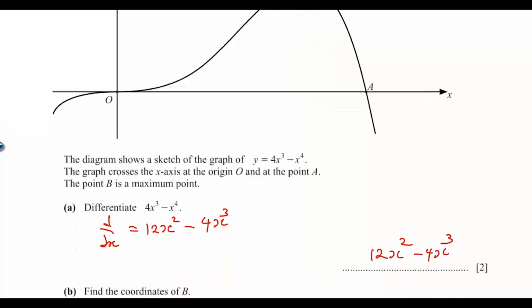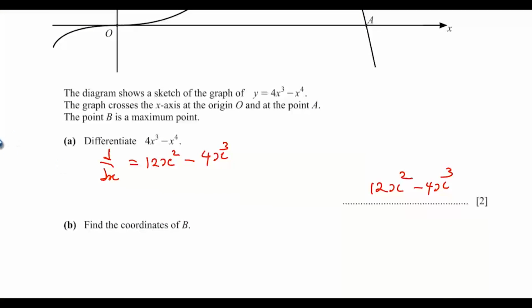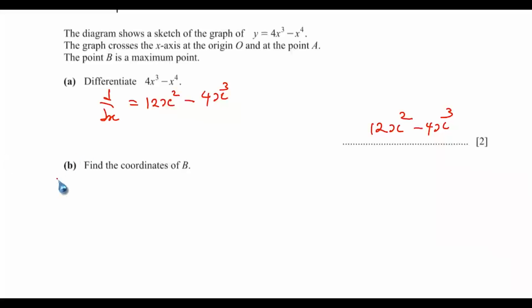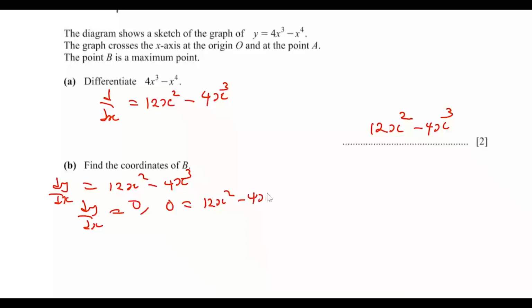We've already differentiated the given function, so dy/dx is equal to 12x squared minus 4x cubed. At the stationary point dy/dx equals 0, so we have 0 equals 12x squared minus 4x to the power of 3.